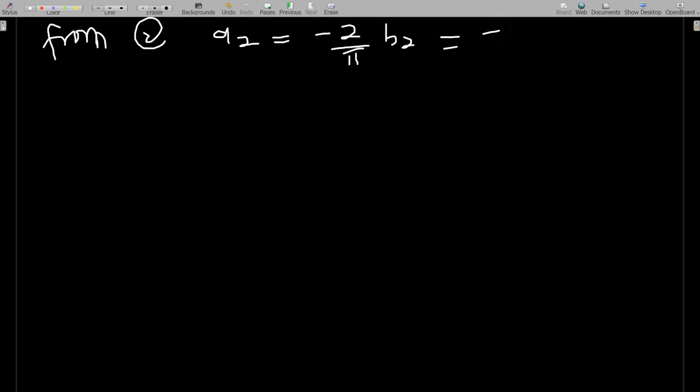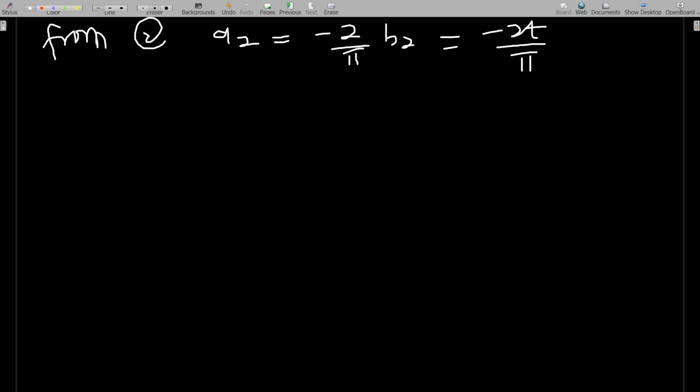From equation 2 we said that a2 is equal to minus 2 over pi b2, and b2 is t. So I have minus 2t over pi, and that is really cool, right?